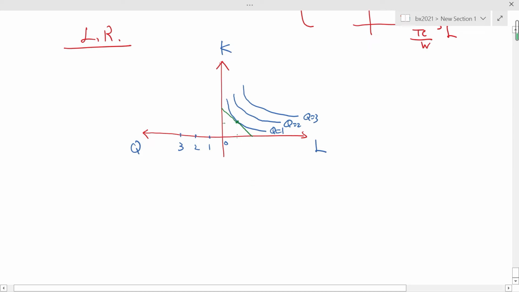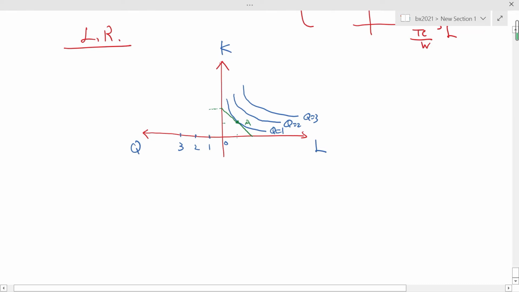So what's the total cost of this bundle? Remember, I normalized the rental rate to be 1. So the total cost associated with this bundle, let's call it A, is just the vertical intercept here. So now, to produce 1 unit of output, the associated total cost of production is this.